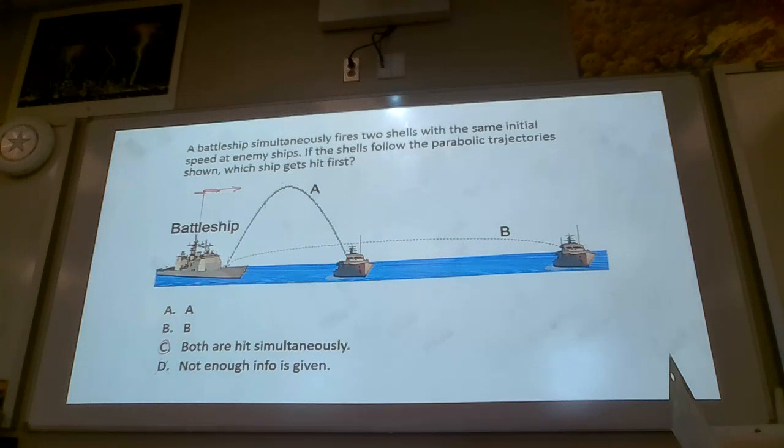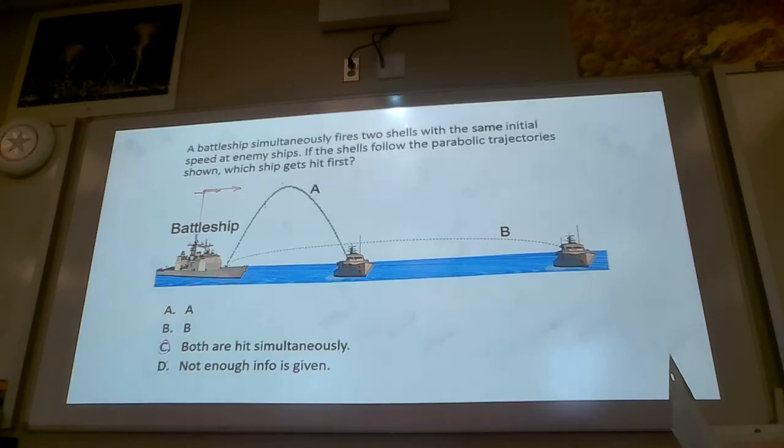Okay. Complementary, yes or no? No. They had different ranges. Which one's closer to 45? Which is closer, A or B? Tell them why.